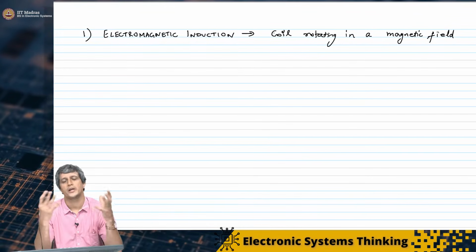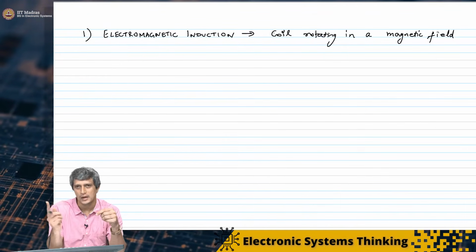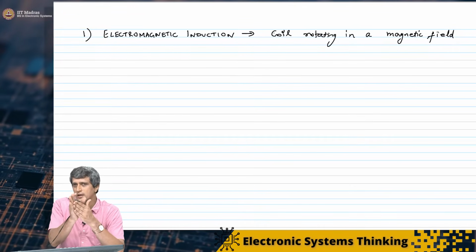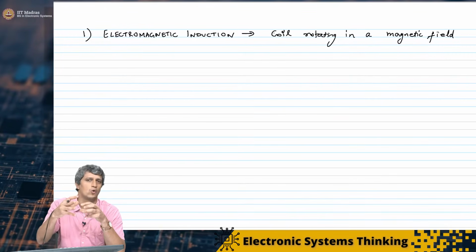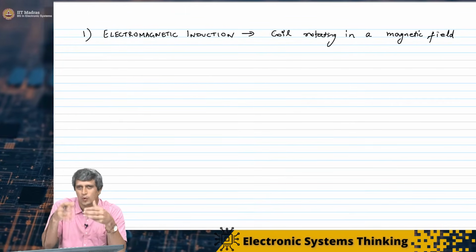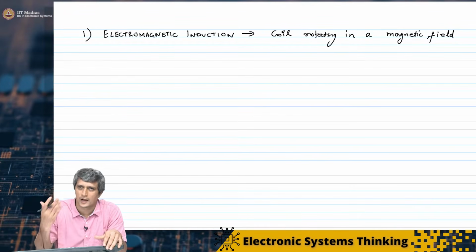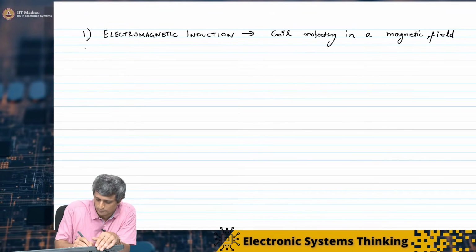Right, and the sinusoid came about because the coil was rotating at a fixed angular speed omega, and therefore the angle theta of the area vector with respect to the magnetic field gave you an omega t angle, and that's what gave you the cos omega t for the flux, and then you get the induced voltage also as a sine omega naught t term.